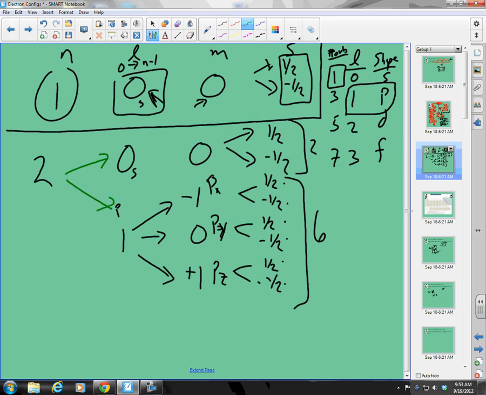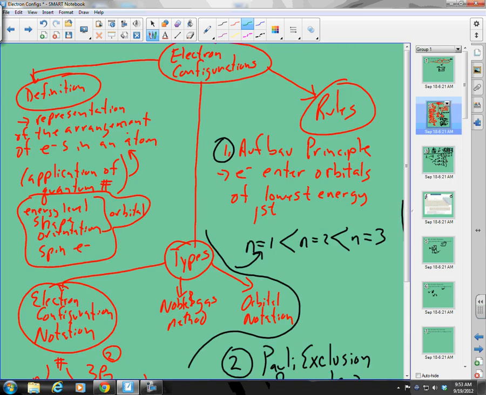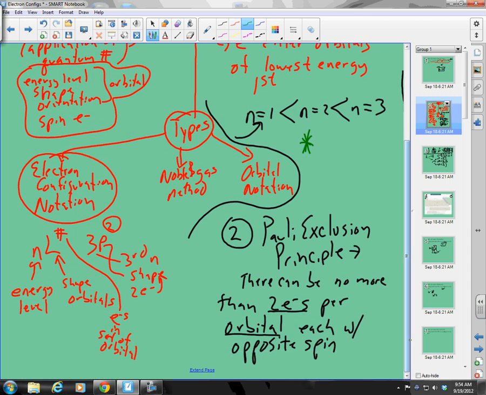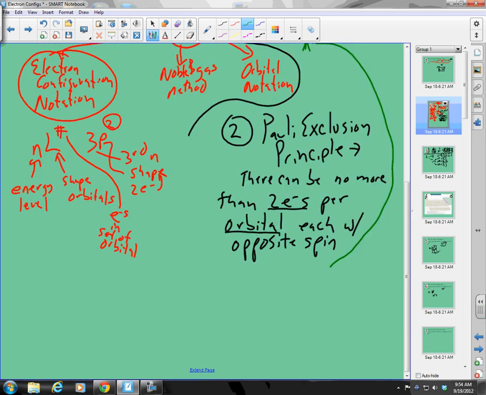Well, this goes back to our Aufbau principle. Okay, what we have to understand is, let me put a little star here because my orbitals actually have different energies. So let's come over here and let's talk about my orbital energies.